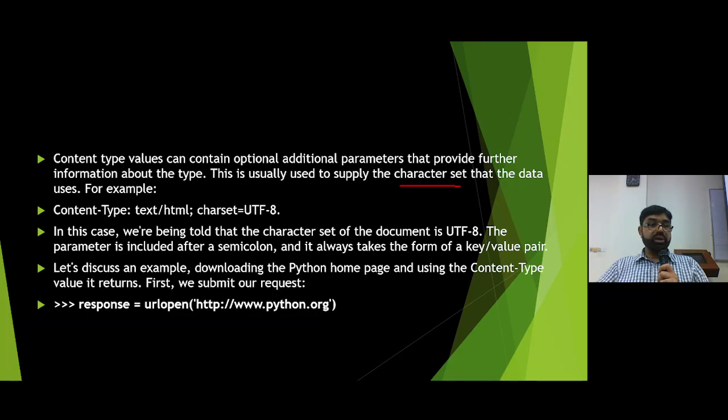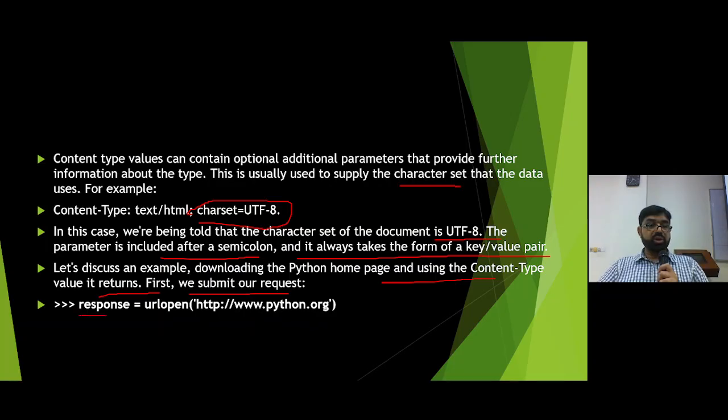For example, Content-Type: text/html; charset=UTF-8. In that case, we are being told that the character set of the document is UTF-8. The parameters are included after the semicolon, and they are always in key-value pair form. Let's discuss an example, downloading a Python page using content type.